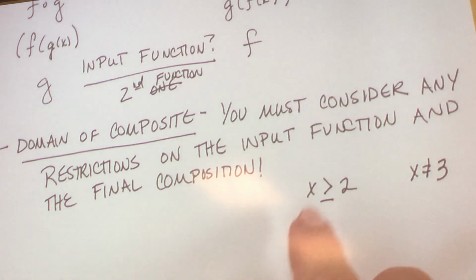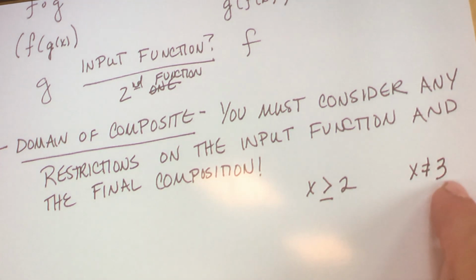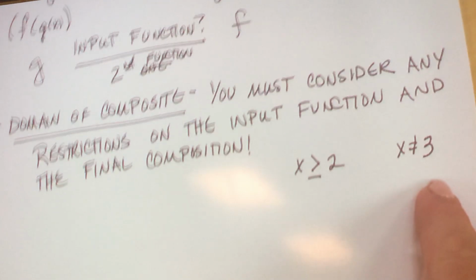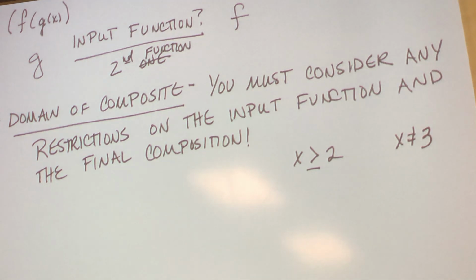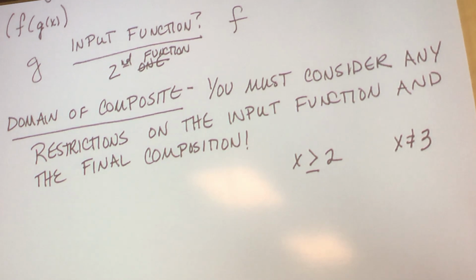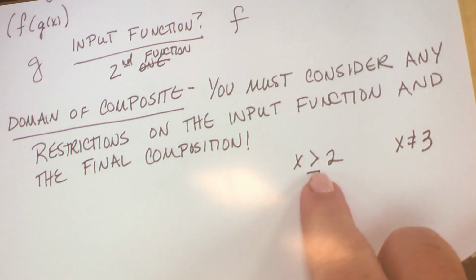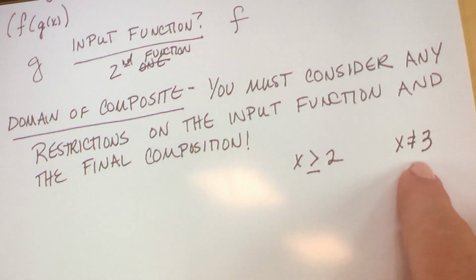Let's say the domain of our final composition is this, and the domain of our input function is this. What is going to be the domain of that function? Let's just do interval notation right now, okay? Because it'll be easier for me to explain it to you. It's this function with the exception of what? 3. 3. That's what it is, guys.